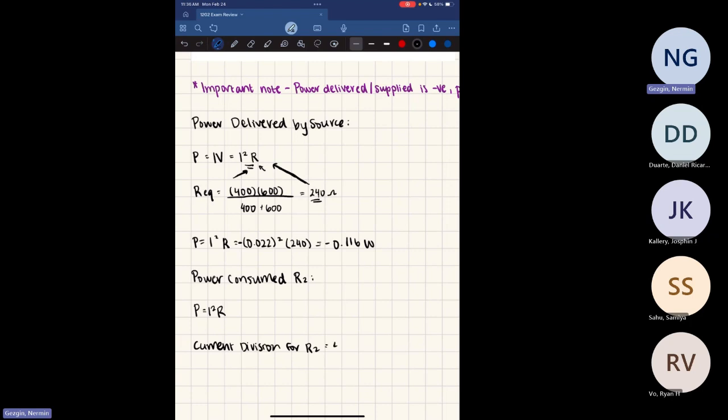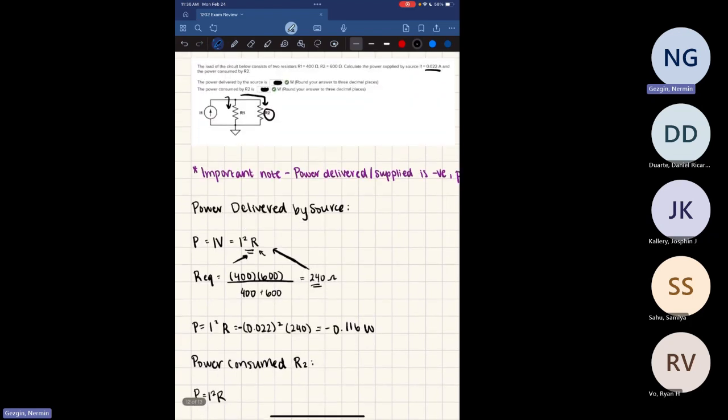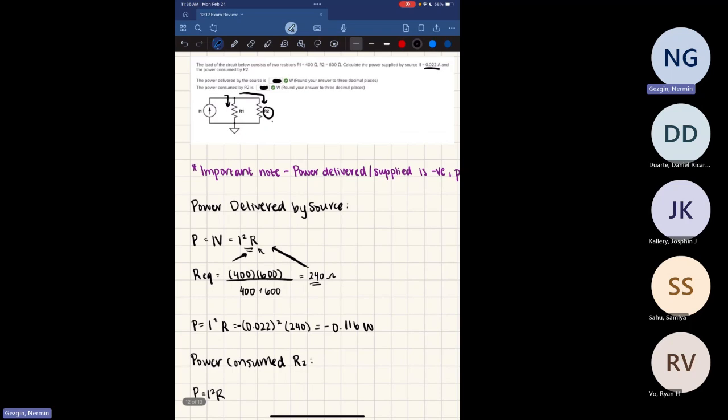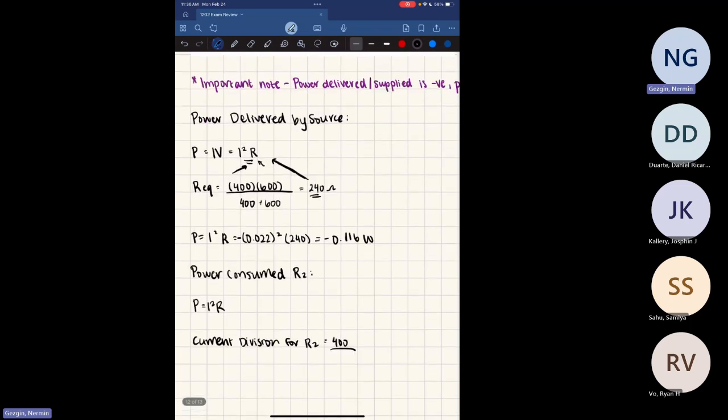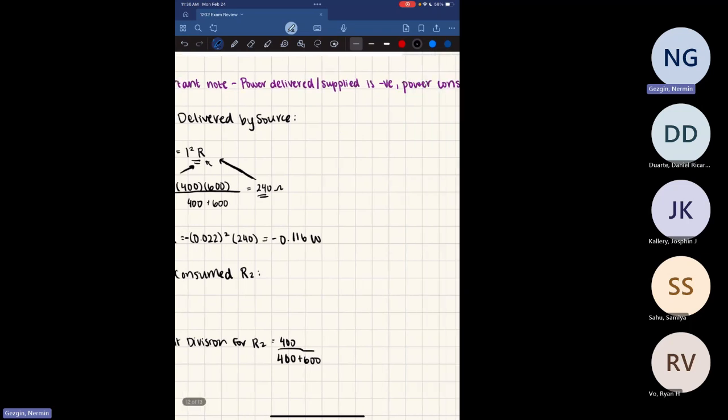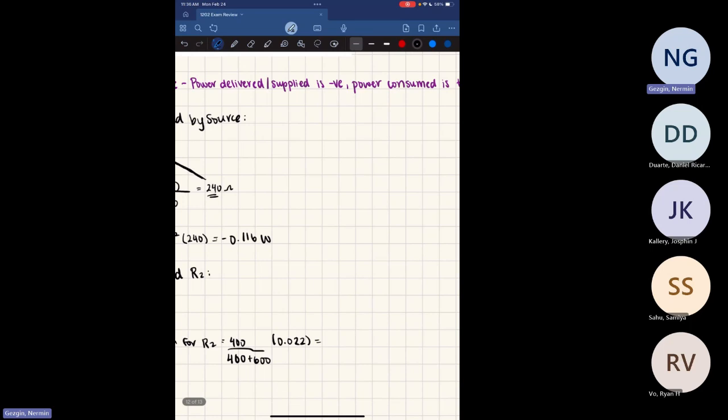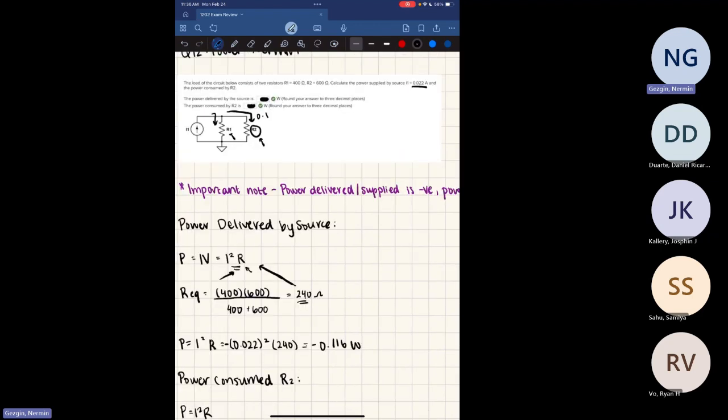So we get 400 on the numerator, and we do 400 on the numerator because we're trying to find R2, so we put the resistor value of R1 on top. On the bottom we have 400 plus 600, so the two resistors added together, and then we multiply that by the current source, which is 0.022 amps. When we multiply that through, we get 0.0088 amps.